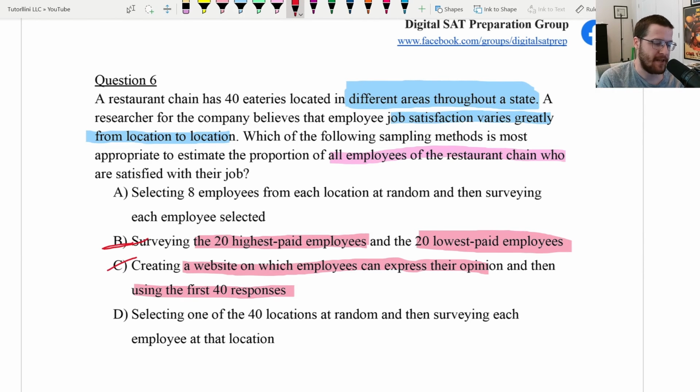It doesn't directly say it, but a website on which employees can express their opinion sounds an awful lot like volunteering. And remember, we said volunteering for a survey is really bad. We want to randomly select the participants. Okay, so now we're between A and D, and they both have the word random in it.